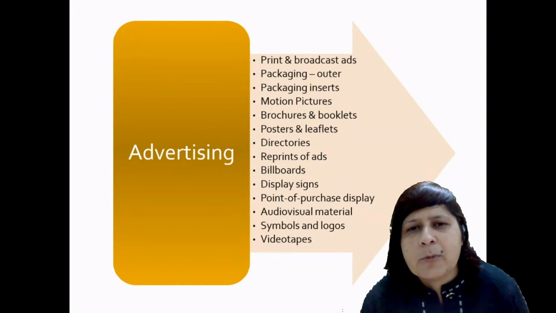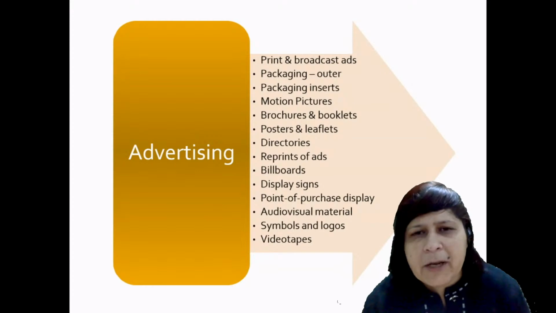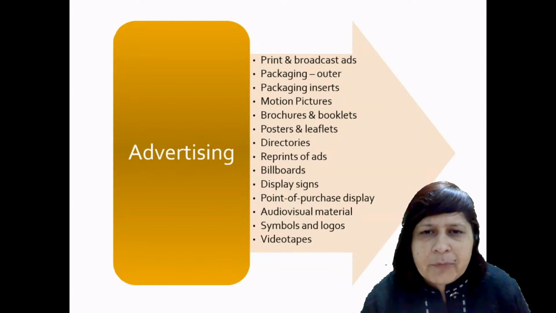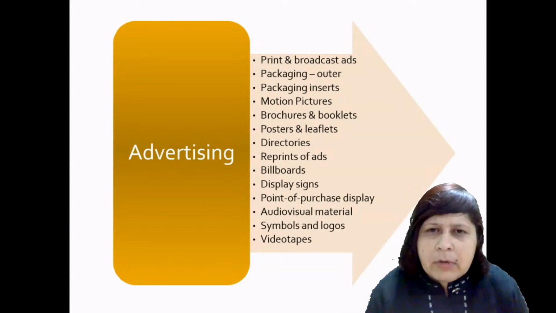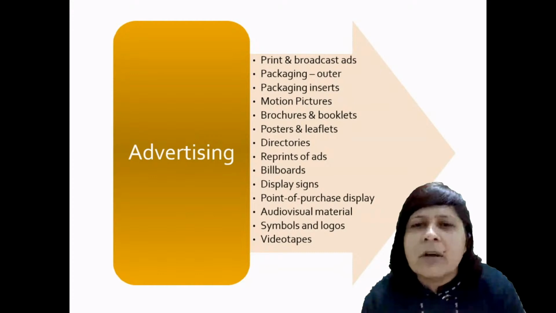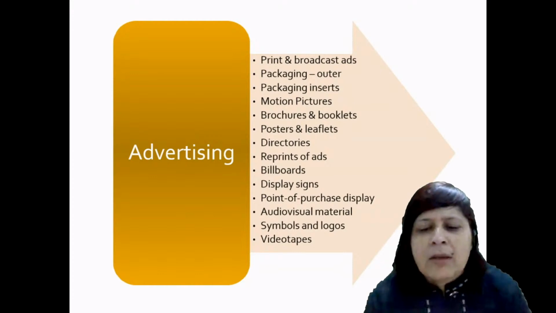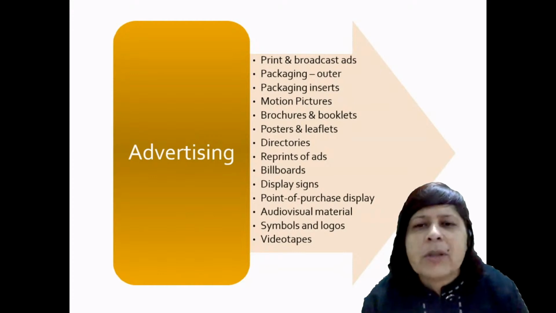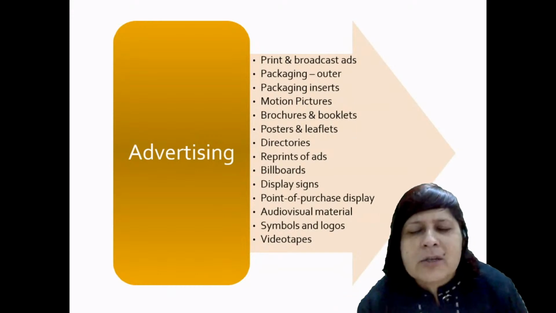They use the print media. At times, they insert their brochures or booklets inside the newspaper. You get these brochures or booklets with the newspapers, right? They do so just to advertise their brands or products.